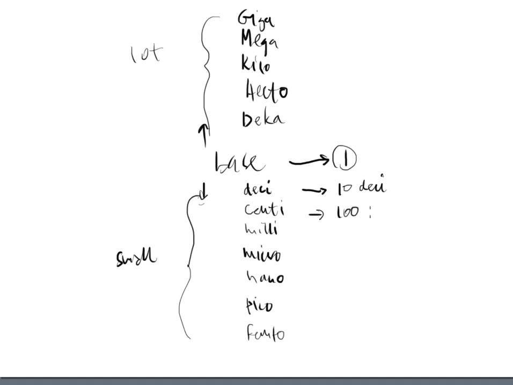So this will be 100 centais. Milli means a millennia. That's 1,000 years. So that will be 1,000 milli, whatever that I've got. Micro. Well, with the micro units, we're actually going to add on 3 more zeros. So this is actually 1,000,000 here, micro units.